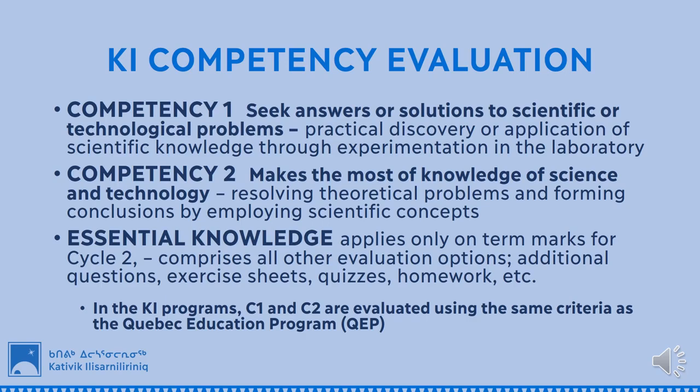This is intended to replace Competency 3, the use of scientific language, which would be disadvantageous to our second language students who struggle with reading and comprehension. Essential knowledge is meant to demonstrate students' basic acquisition of science concepts.